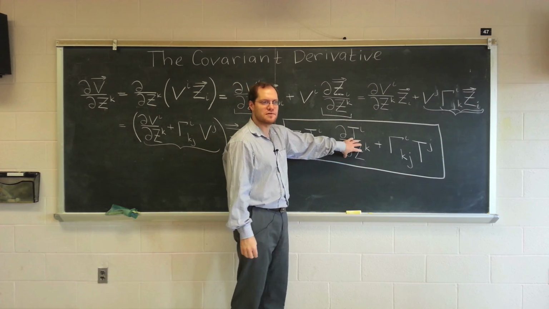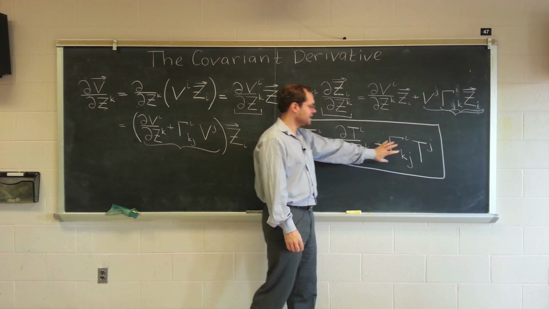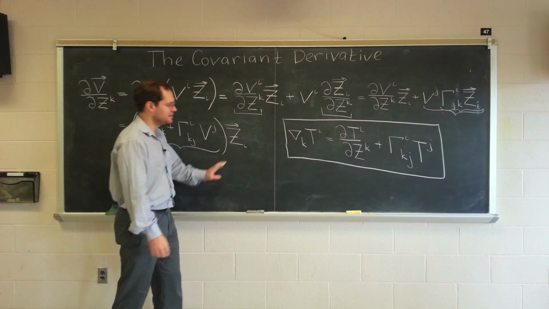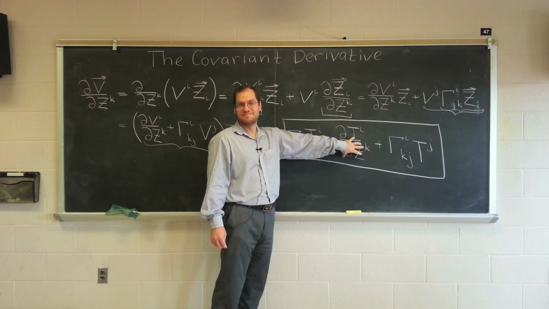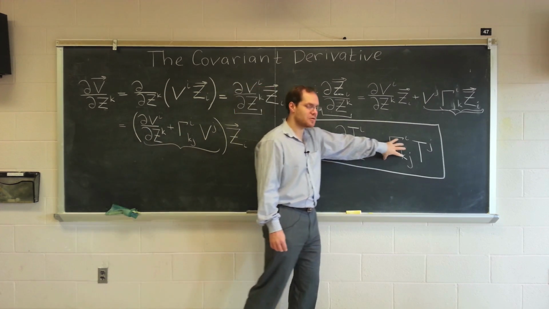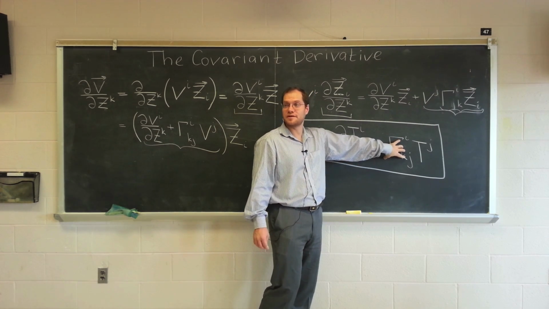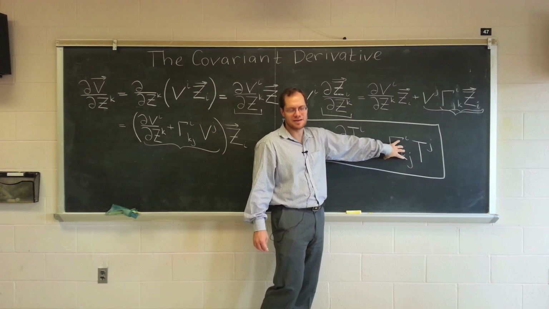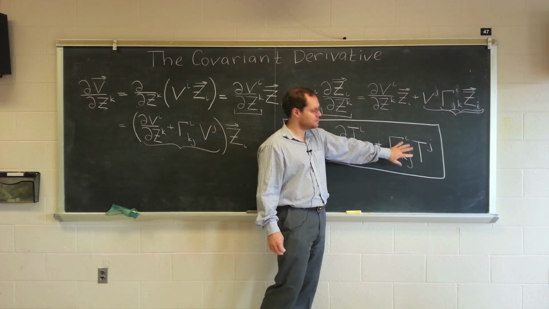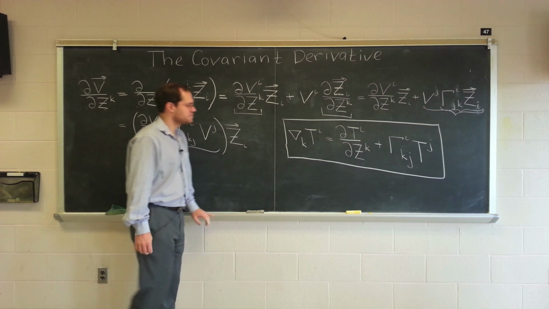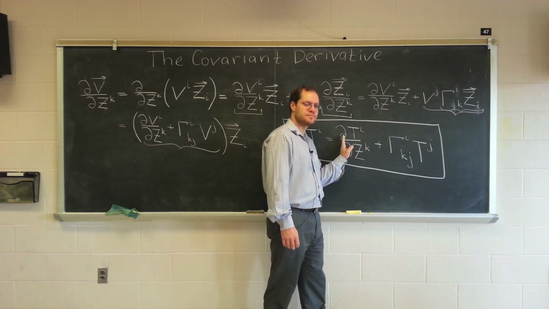It's the partial derivative with an adjustment. And right now you're not seeing this, but this will fix all the problems in the world. This additional term will fix all the problems. The fact that you have to keep track of the covariant basis changing from point to point seems like a problem, and this makes it go away. But one thing you do see is that this is a tensor.